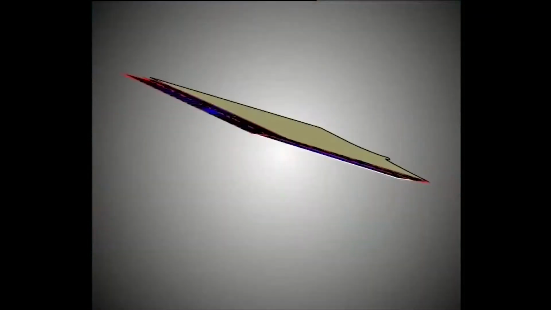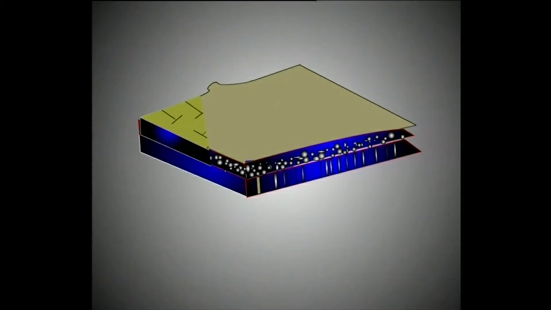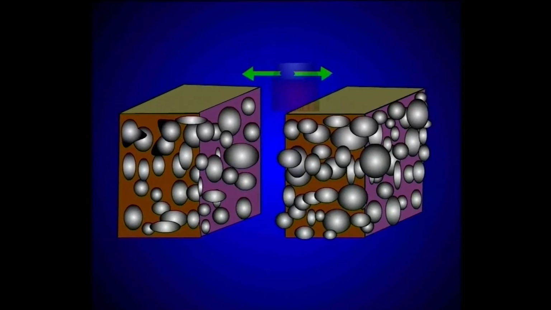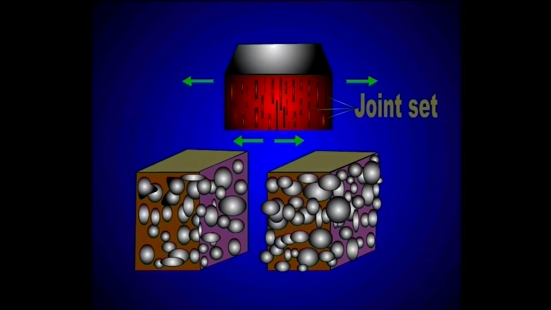Incidentally, joint planes which are mutually parallel or approximately parallel to one another form one joint set, and if in an area there are several such sets, the entire array of joints is called a joint system.